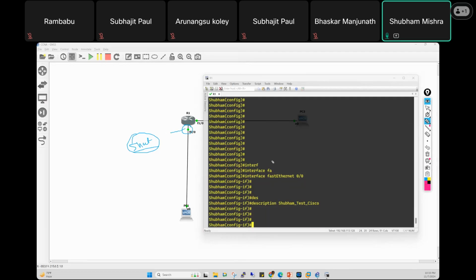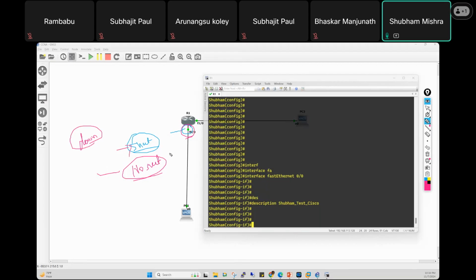So whenever you assign an IP address on any interface of the router, you must write the no shut command. Otherwise, the IP address will be configured, but the interface status will be down. That's the reason we write the no shut command.